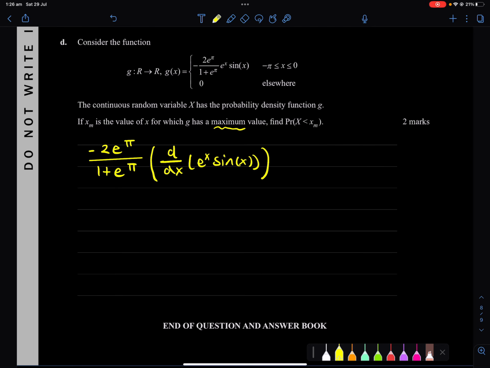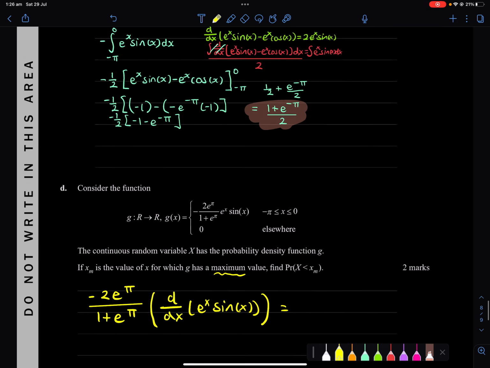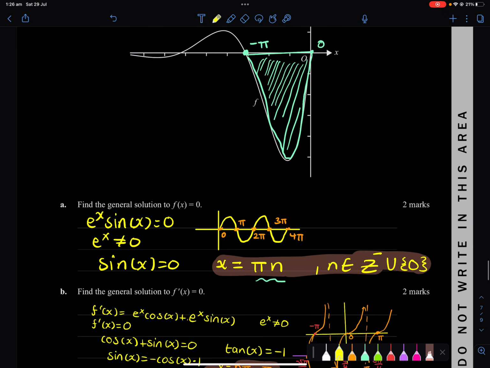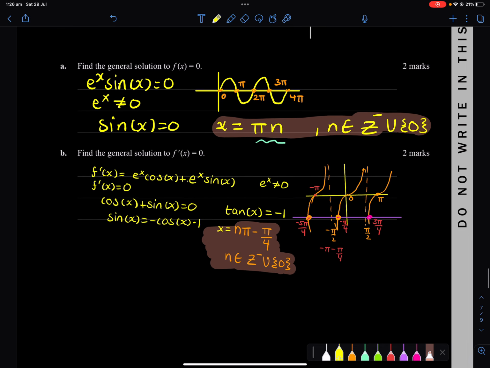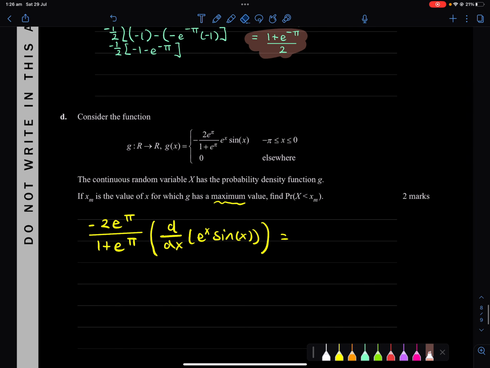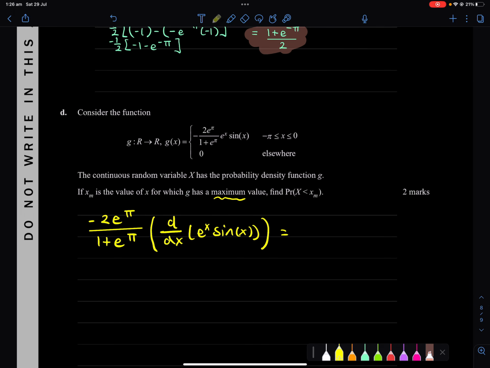We want to find that, and I think we found it already, which was e^x cos x plus e^x sine x. So we found the derivative.